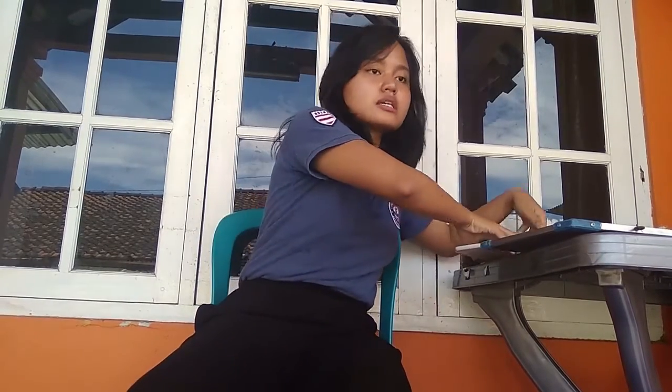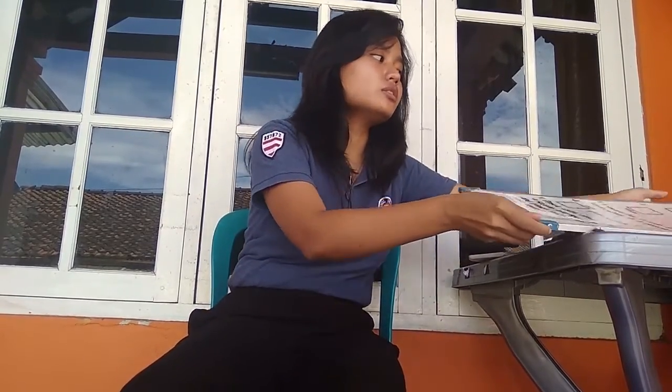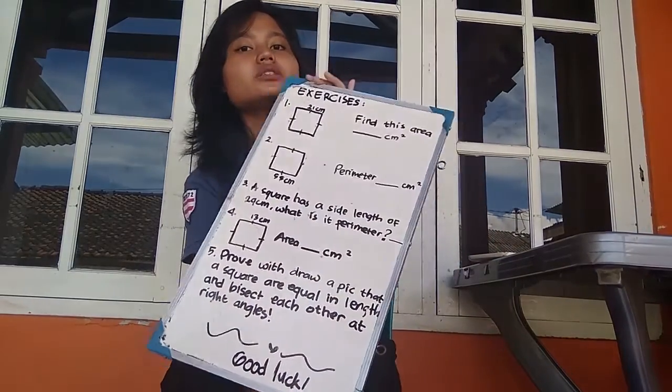Okay, let's do the cooperative learning. Here I use the team, pair, solo procedure. So I will put you into groups. One group consists of 4 students. I have the exercise that you have to do.